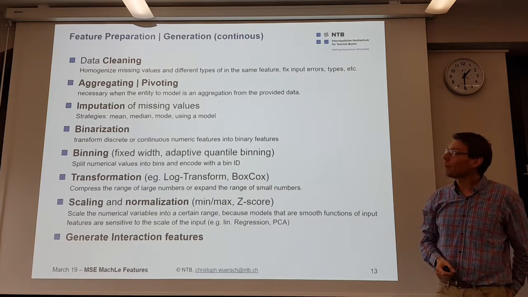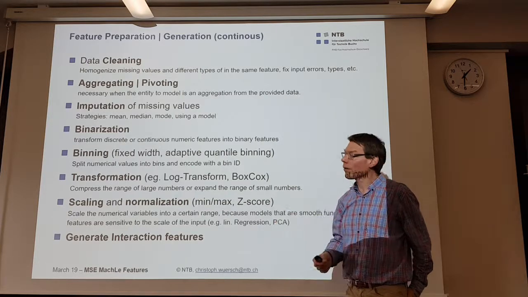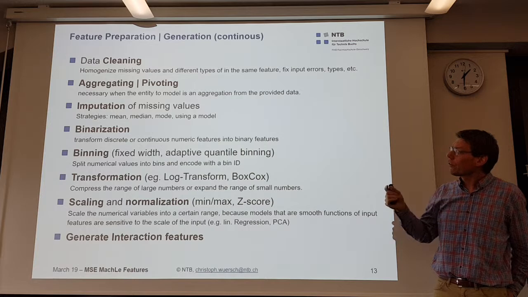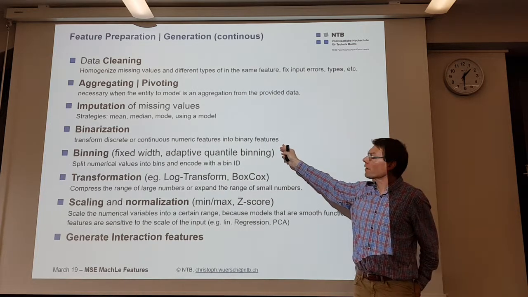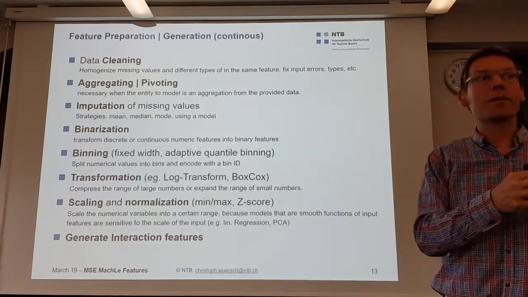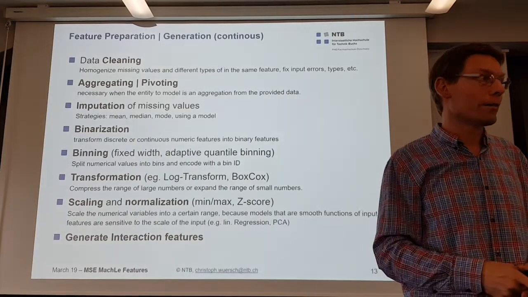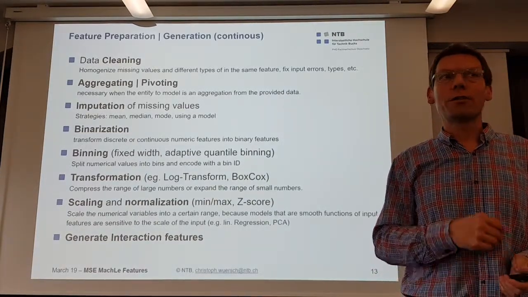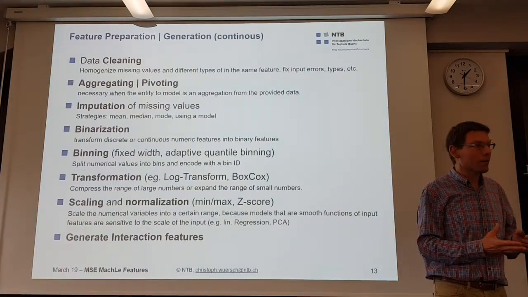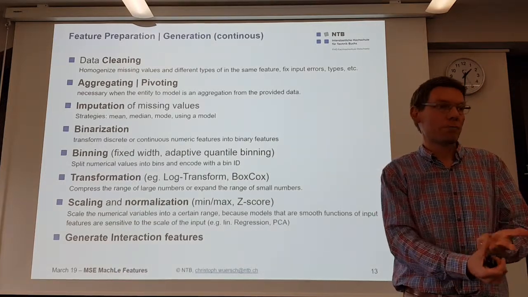correlations between some features. Binarization or binning is the transformation of discrete or continuous numeric features into binary features. That's binarization. Or binning, if you have continuous variables but you want to generate some classes. For example, if you have the age of a person, and you say, I don't want to predict the exact age of that person, because important for my task is: is it younger than 18, is it middle-aged, or is it older than 65?